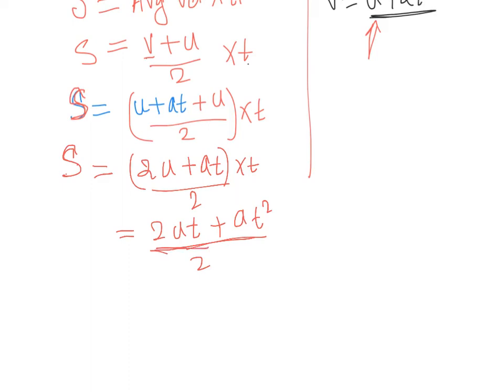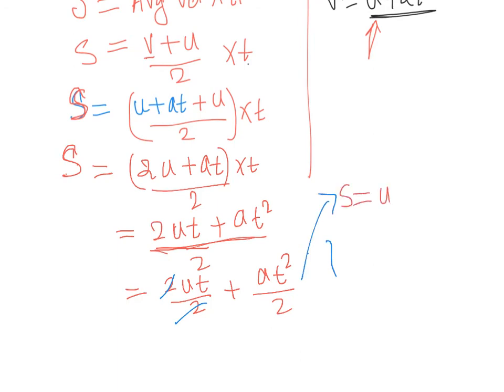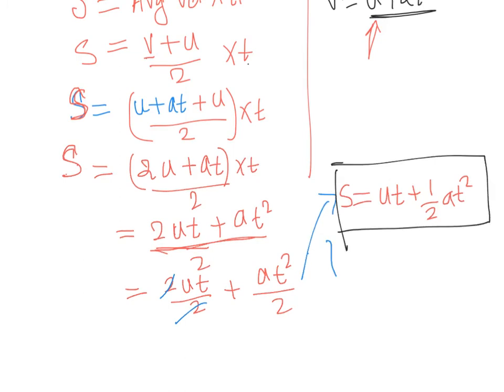So we can divide this numerator as 2ut by 2 plus at square by 2, where this 2 and 2 got cut, and we would get something like S is equal to ut plus half a t square. S is equal to ut plus half a t square. That gives us the third equation of motion.